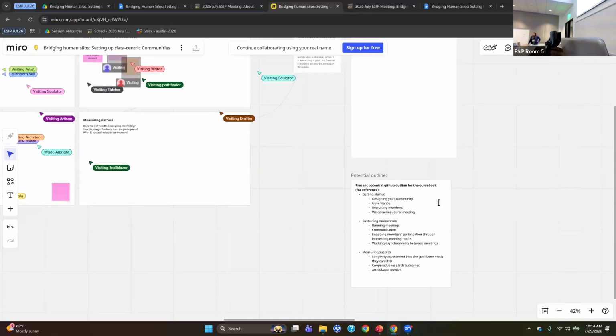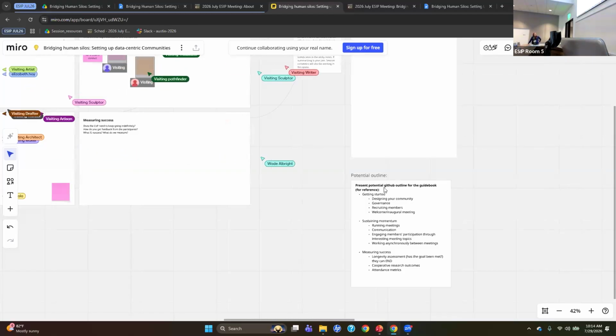And there is this potential outline of chapters that we have for our guidebook. So looking at that might help you think about ideas and framing, but we don't want to kind of corner you into that.